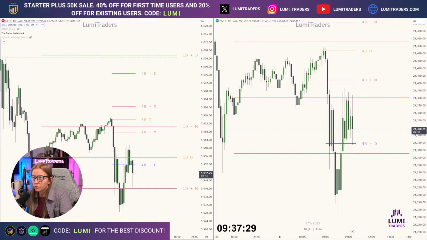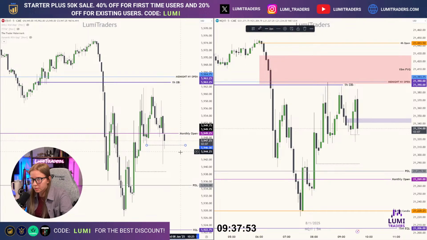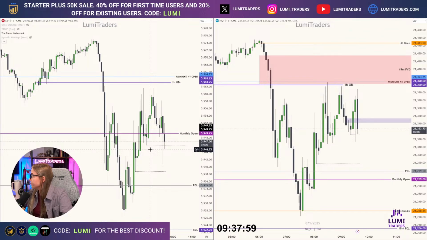So just looking at these levels right here, I guess NQ might try to offer the test of 4-hour open before 10 a.m. So far, both trying to offer a sweep right here, so I cannot see a strong break. I mean, yeah, we got a big wick right here, but it's not a strong break, it's nothing.